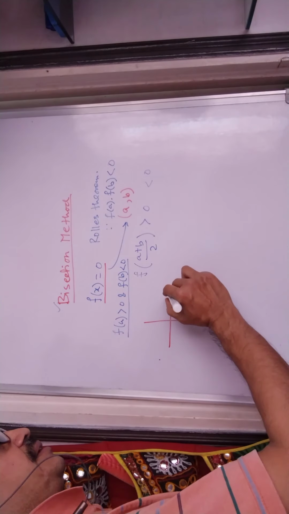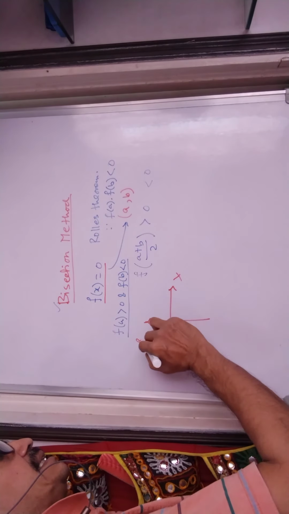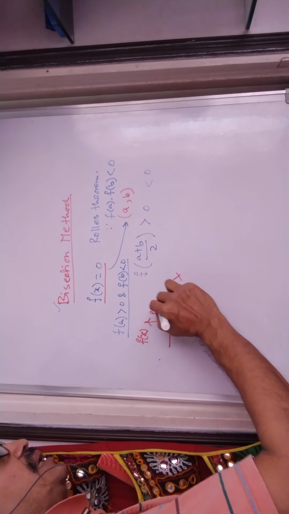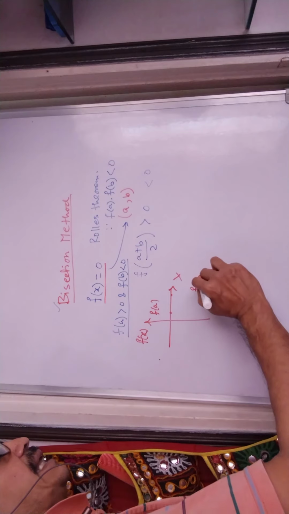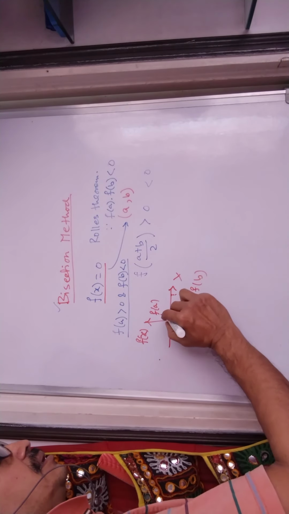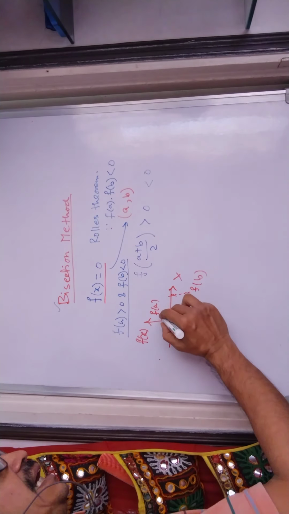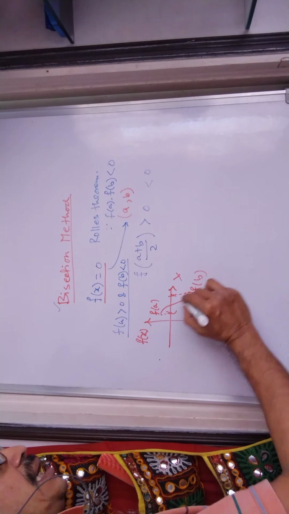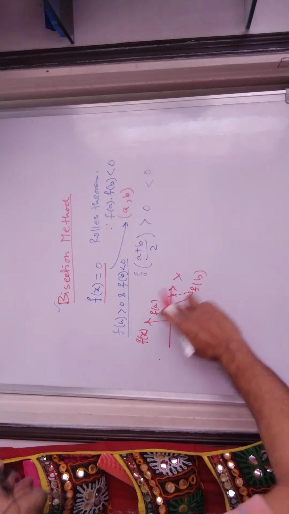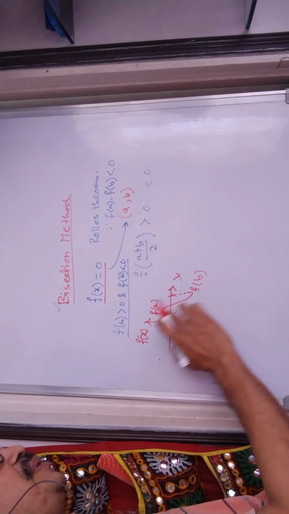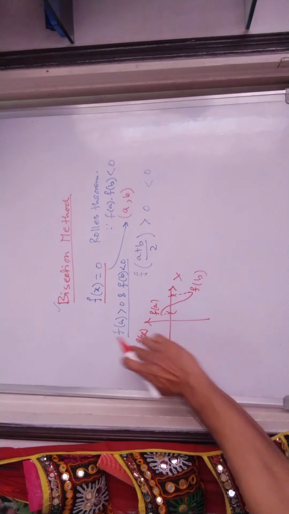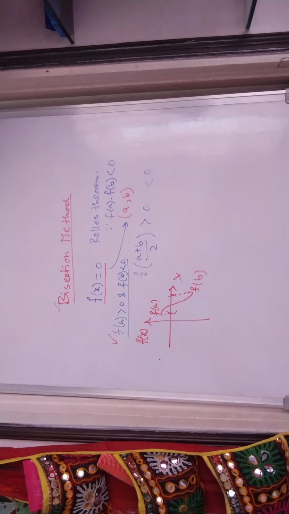If we have these as x and these as f(x), I assume that a is positive and b is negative, and we claim that this open interval contains the root, and we argued that since f(x) is continuous, it must cross the x-axis to reach f(b) from f(a) at least once. So this is our assumption, and there is no loss of generality.